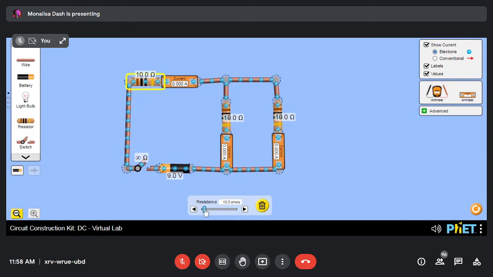Suppose I take any value, 20, 30, 40, no problem. You can take the same or different values. Then voltage 9 volt is given. Take 30, 40 or any value. Suppose I am taking 15 volt.